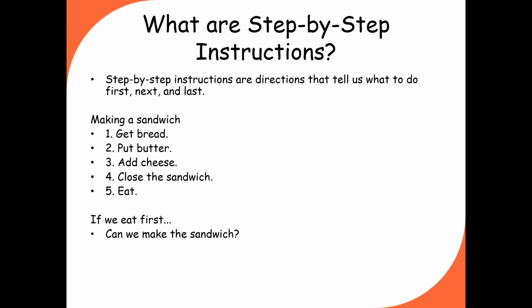No. If we eat first, we cannot make the sandwich. The answer is no. The order matters and it must be followed to make a sandwich from step 1 to step 5. The first step here is get the bread. Second step, put butter. Next step, add cheese. Next step, close the sandwich and we eat the sandwich.